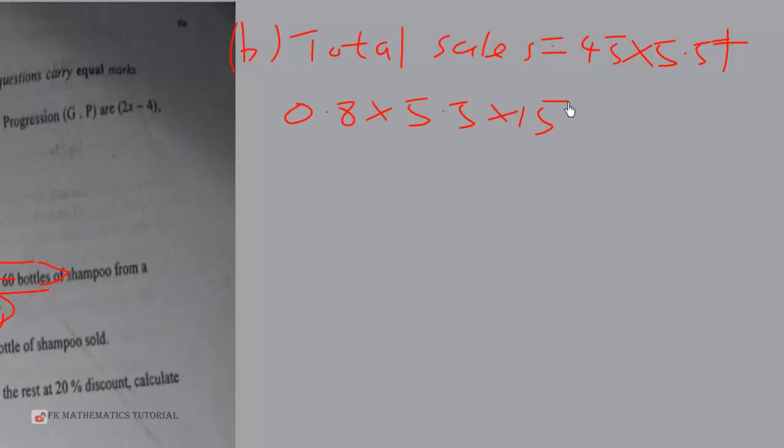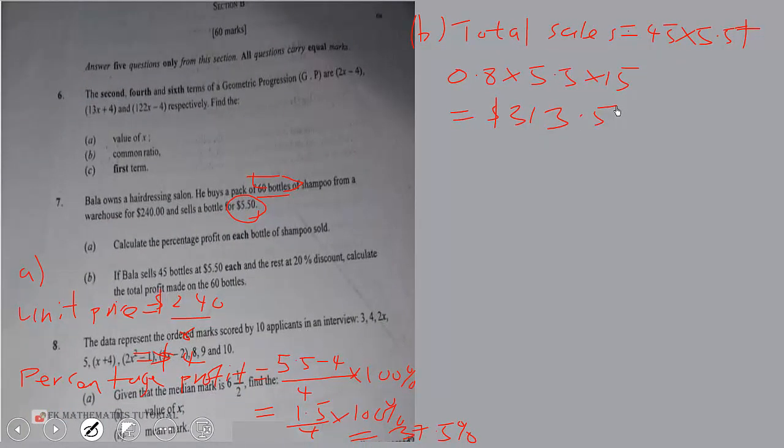And when we calculate this, we're supposed to get this amount of money, which is $313.5. Now, that is what you get if you sell all the 60 bottles, 5.5 for 45 and 20% discount for the remaining 15.